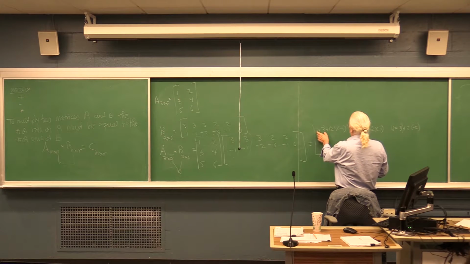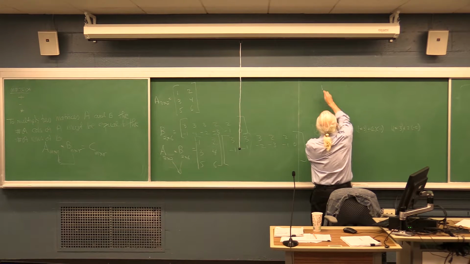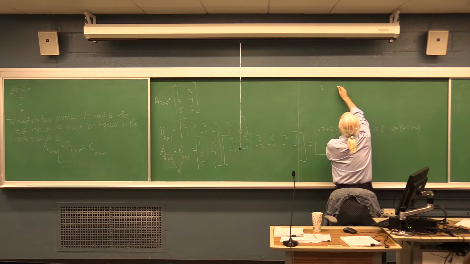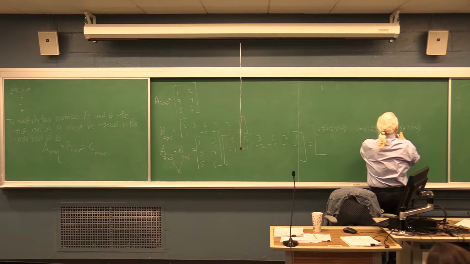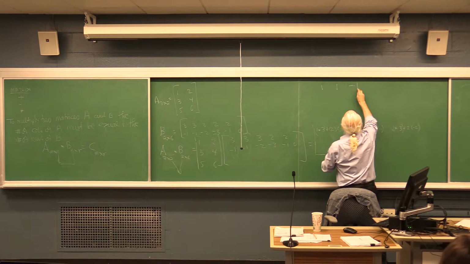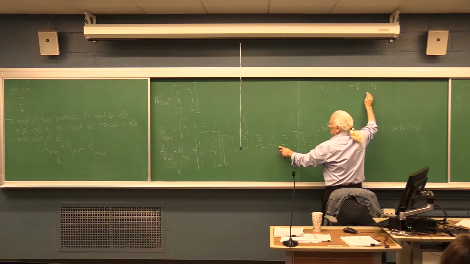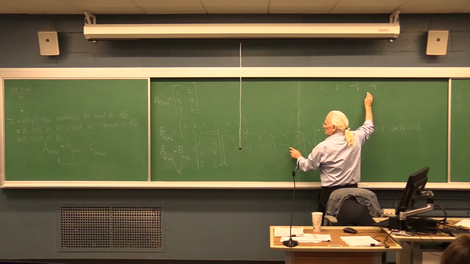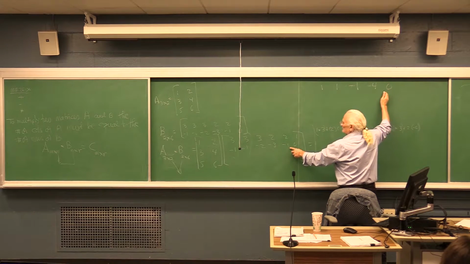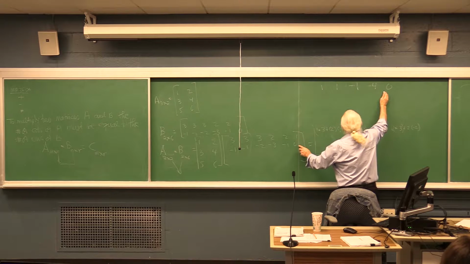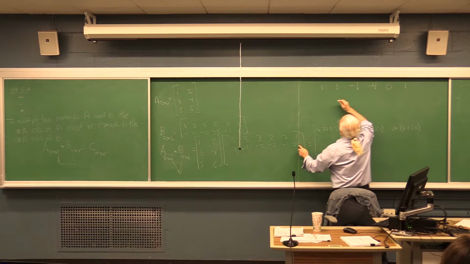So this is 3 minus 2, so that's a 1. This is the same thing, 1. This is 3 minus 4, negative 1. Then you'll have 2 minus 6, negative 4. Then you'll have 2 minus 2, 0. 1 plus 0, 1.